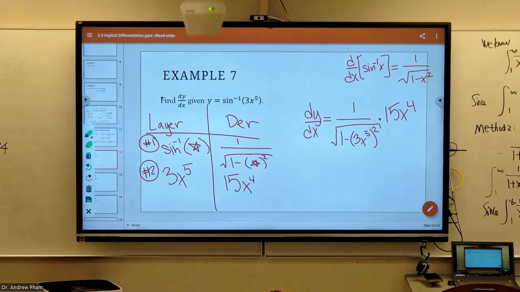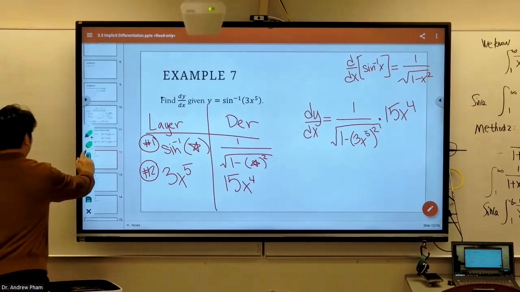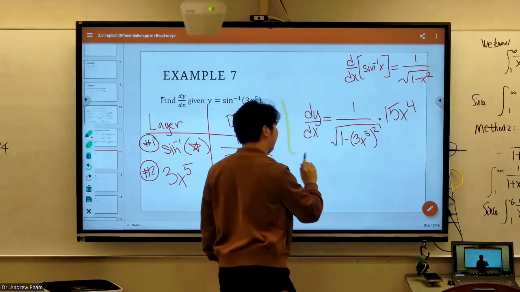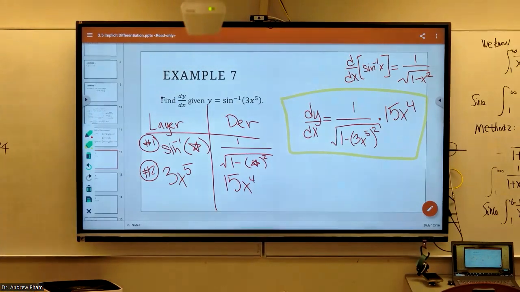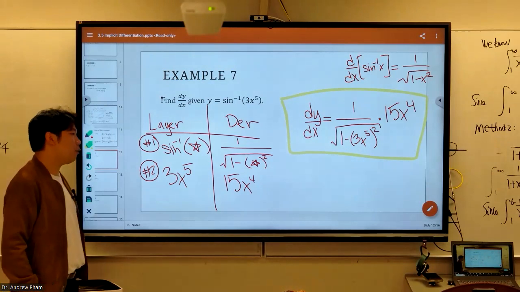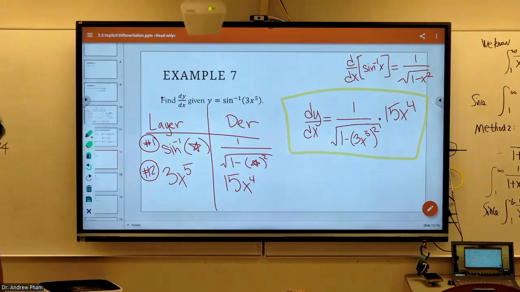Again, granted unsimplified, but that's not what I'm concerned about. For the sake of going through this, I'm going to say that this is good enough for us. If you want, you could simplify. There's not much that needs to happen here. The best you can do really is put that 15x to the fourth on top. And then if you want, you could square that 3x to the fifth. But we have an equivalent solution either way.